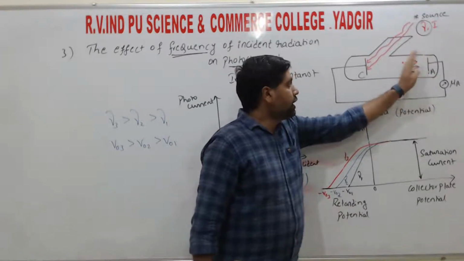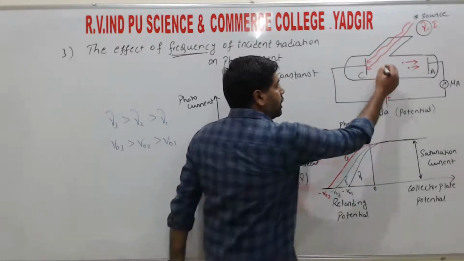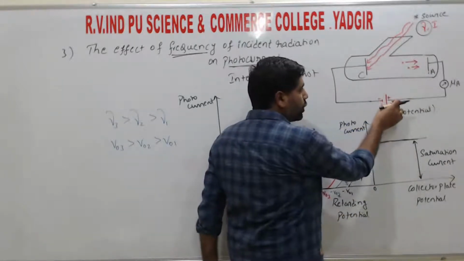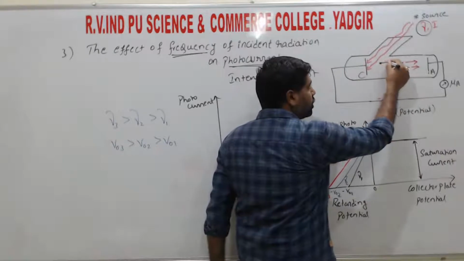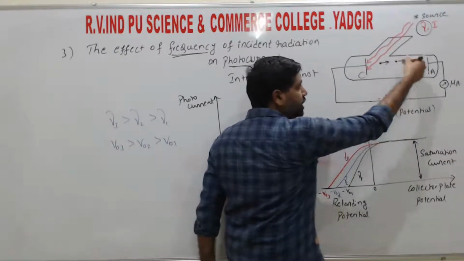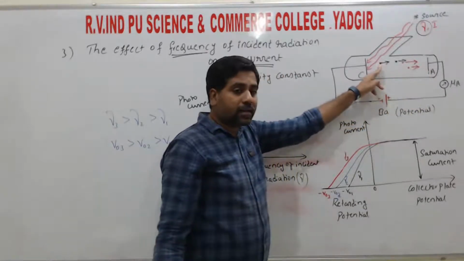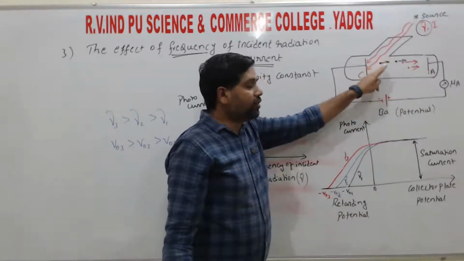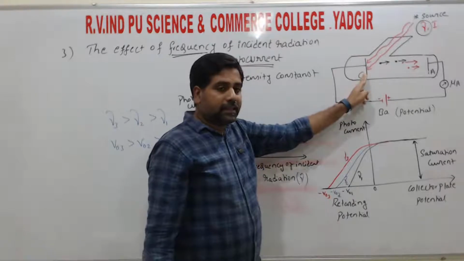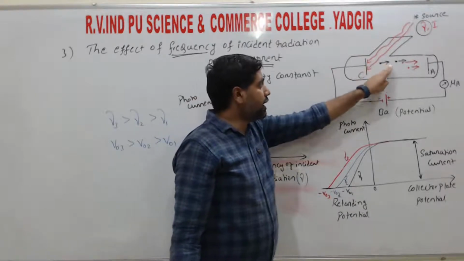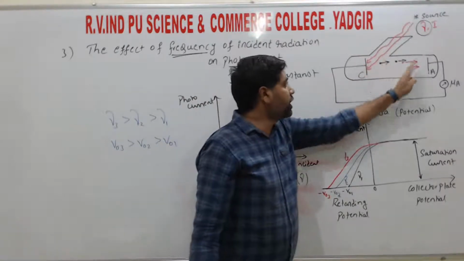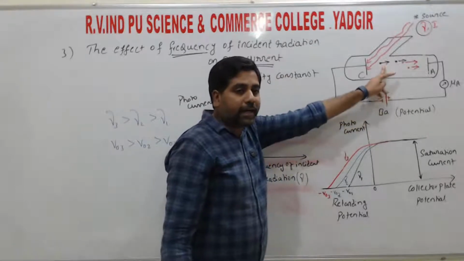That means that if positive potential is applied, then the electrons are emitted and reach plate A. The energy gained by the photosensitive material's electrons in traveling is the kinetic energy.